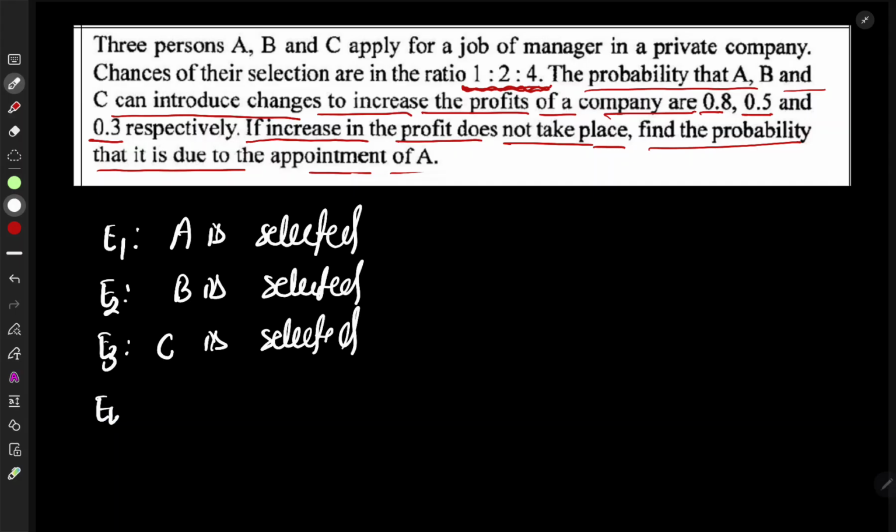And E4: not. Now E also you can assume. E is what is being asked: if increase in the profit does not take place, find the probability that it is due to. So E is no increase in profit.